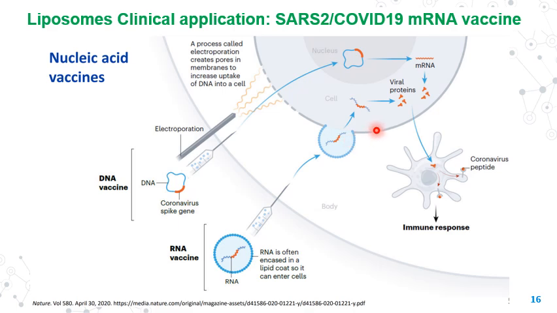So it fused with the cell membrane, delivered the messenger RNA to the cytoplasm. In the cytoplasm, you have the machinery to make your viral proteins that were encoded in that messenger RNA. These viral proteins got presented on the surface of the cell, and then you started to teach your immune system cell to respond to that viral protein, because that viral protein is not part of yourself, is not a self protein, okay?